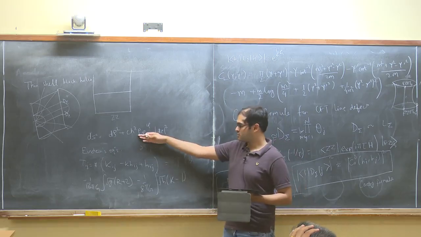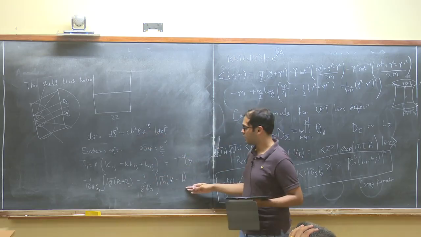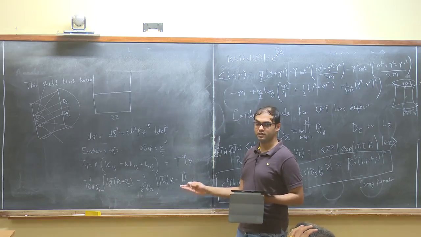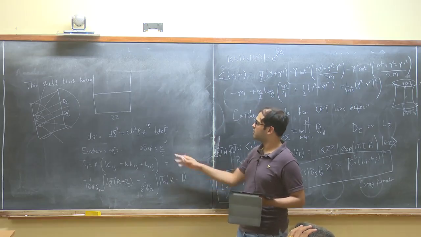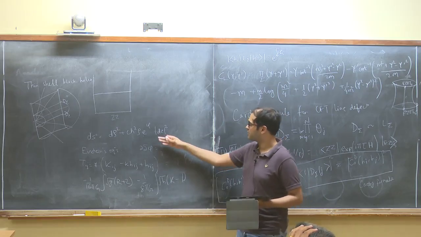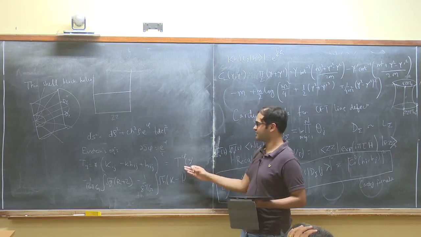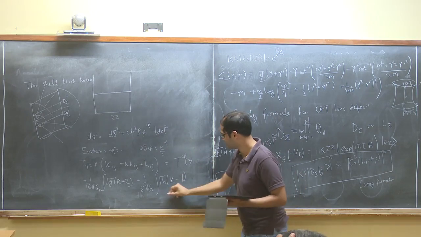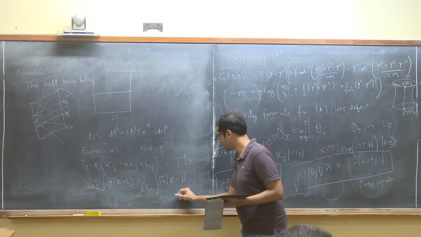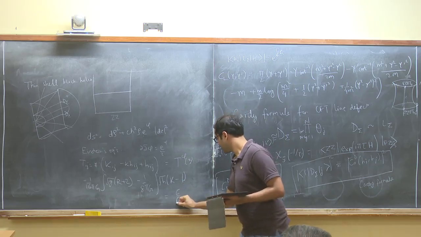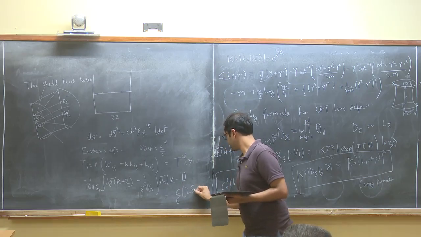So you just have to plug this solution in and evaluate the action, and it turns out to give just the Liouville action. It's a quite general result. Now it's not surprising, right? Because it solves the Liouville equation and also the stress tensor is the same. So it's not at all surprising that this gives the Liouville action.